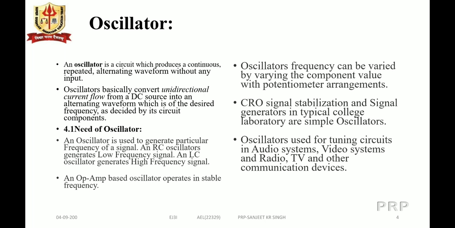So an oscillator's frequency can be varied by varying the component value with potentiometer arrangements. CRO signal stabilization and signal generators in a typical college laboratory are simple oscillators. Oscillators are used for tuning circuits in audio systems, video systems, radio, TV and other communication systems. All these applications state the need of oscillators.